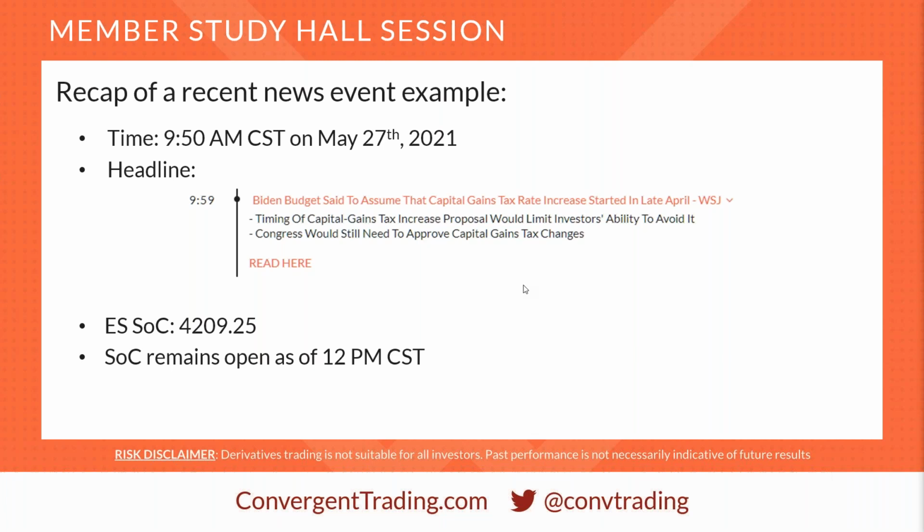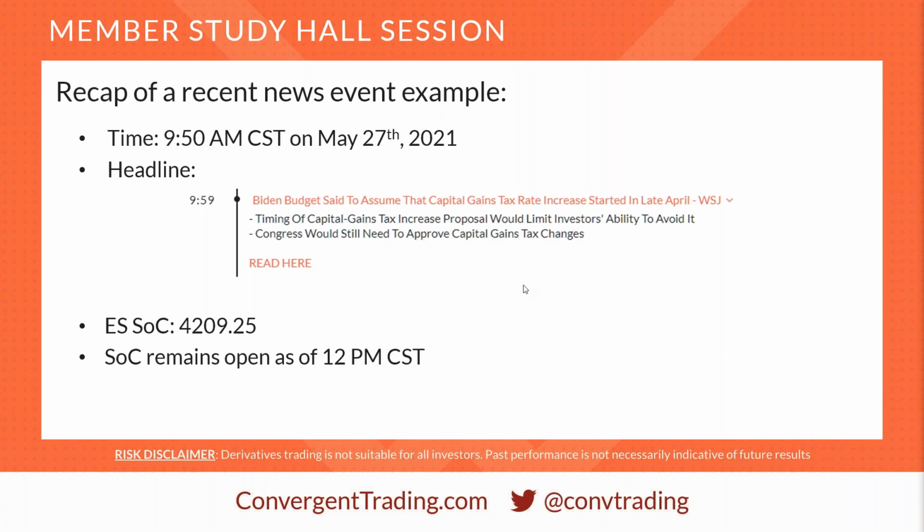The headline was: Biden budget set to assume that capital gains tax rate increase started in late April. So there's an assumption in the president's budget that they will have started collecting or implementing this capital gains tax earlier, which of course, a change to the tax code is required to go through Congress.